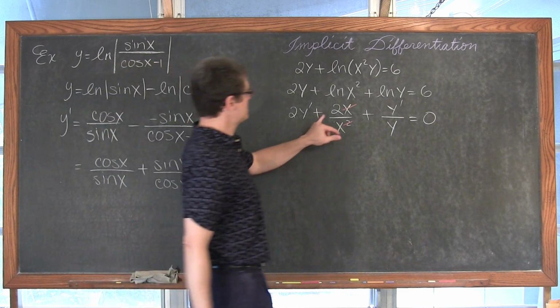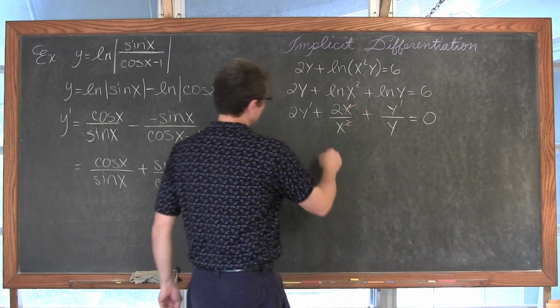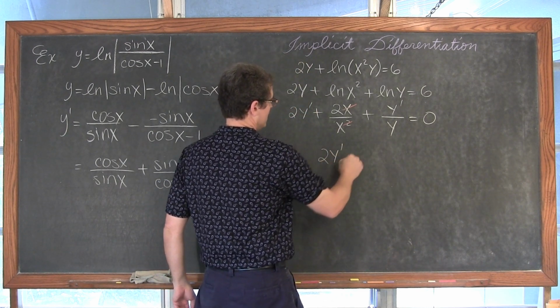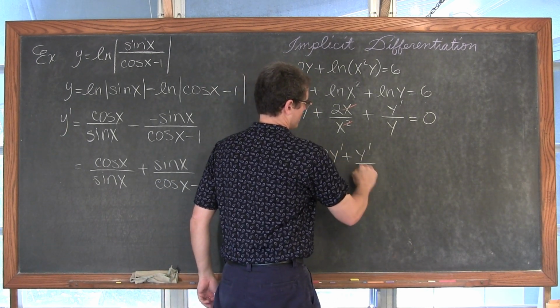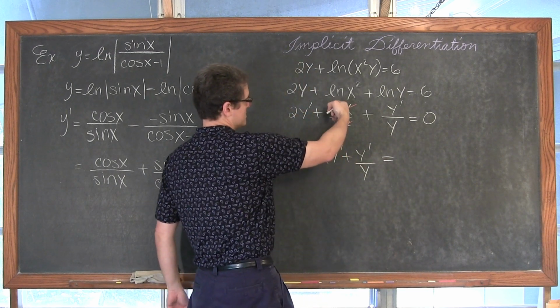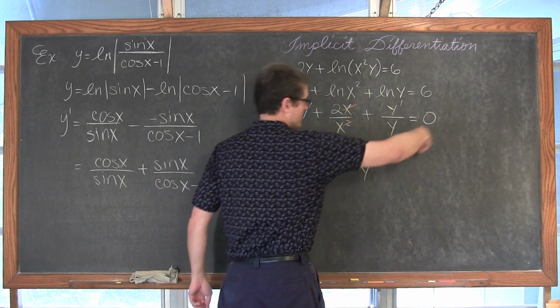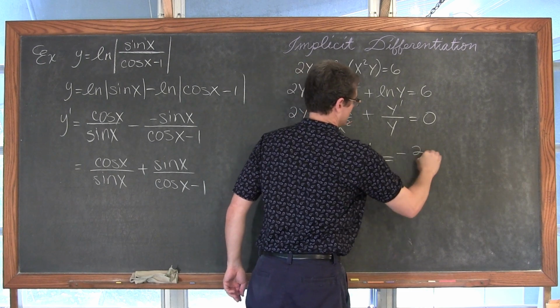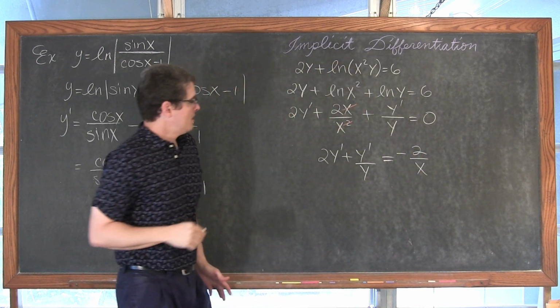So I'm going to first take the 2 over x and move it to the other side, and we got 2y prime plus y prime over y is equal to that 2 over x, which is positive. We're going to bring it over with subtraction, so minus 2 over x.